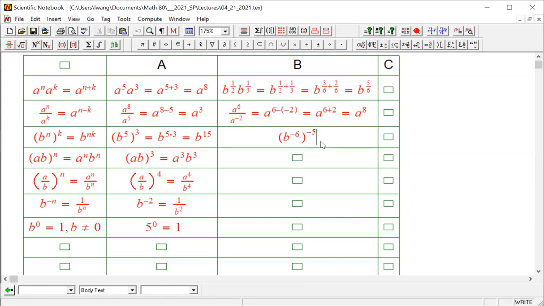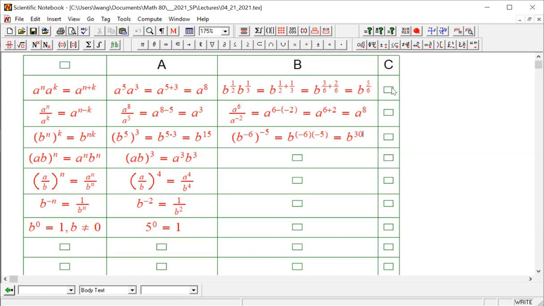In this scenario, you just do b raised to the power of -6 multiplied by -5. No need to memorize because we have proved it, right? So in the end, we get b raised to the power of 30. So far, so good.